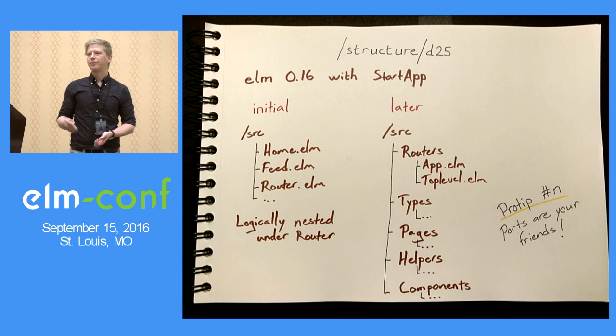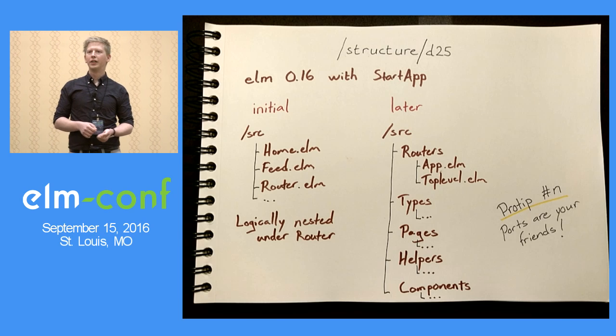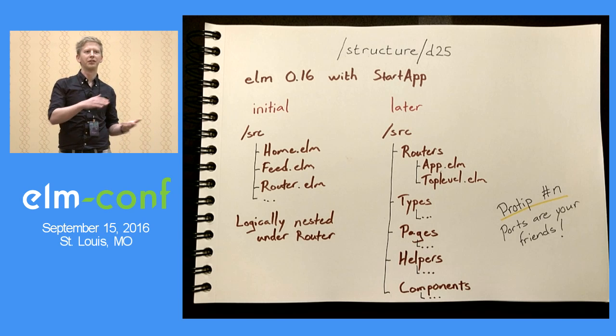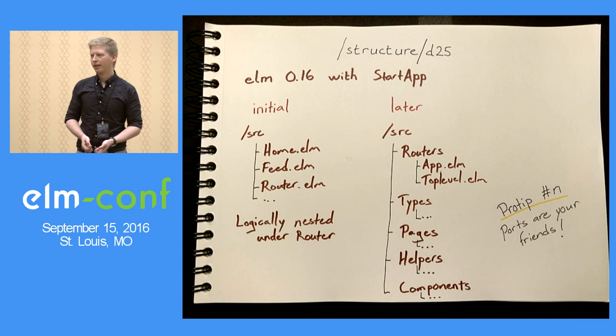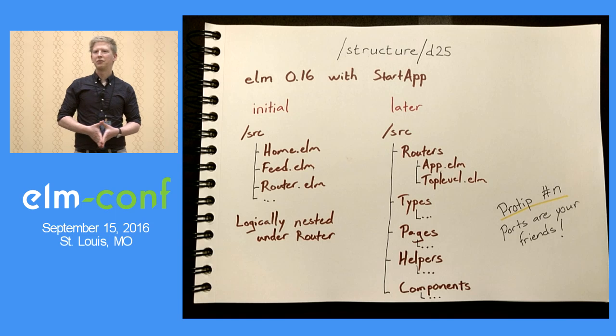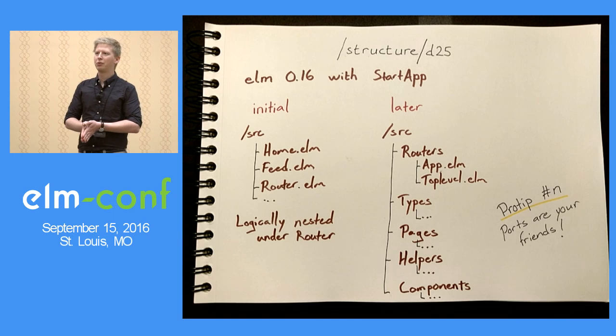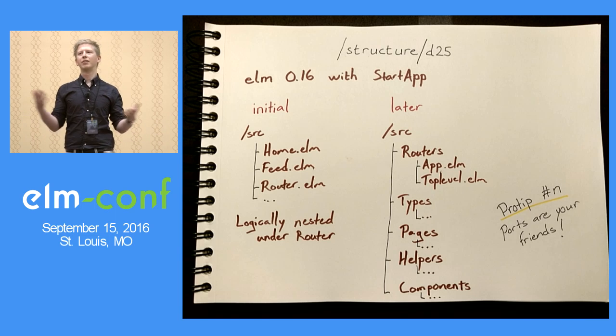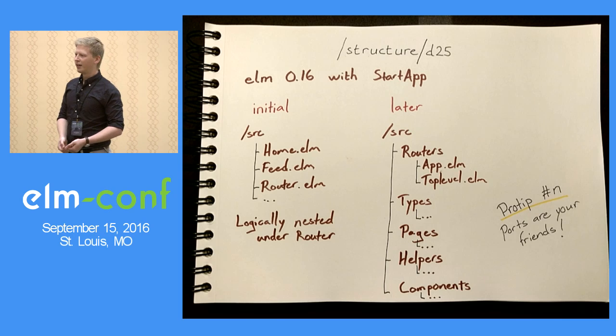Then we have pages, which correspond to the actual routes that you can navigate into. Those are all full triplets. Then we have helpers. You probably guess what they are. They are just any kind of functions that make your life easier, such as formatting names or formatting dates or what have you.